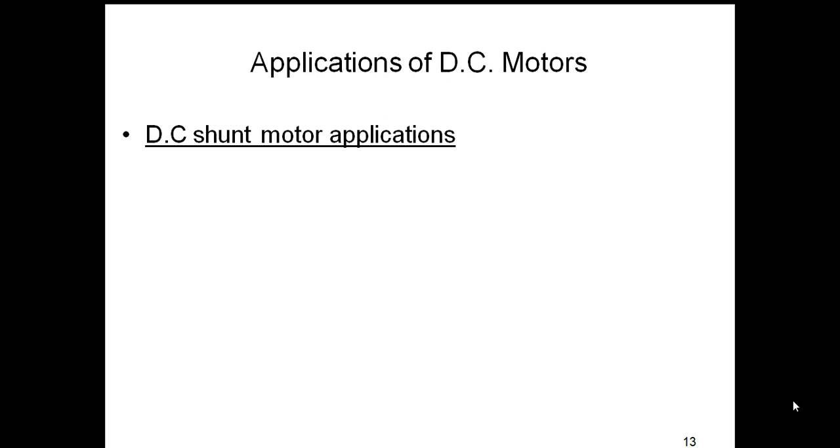We know that it is a constant speed motor, but in practice its speed varies a little bit when the load is applied, meaning approximately constant speed.